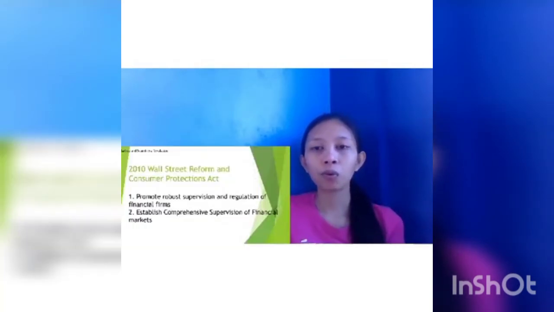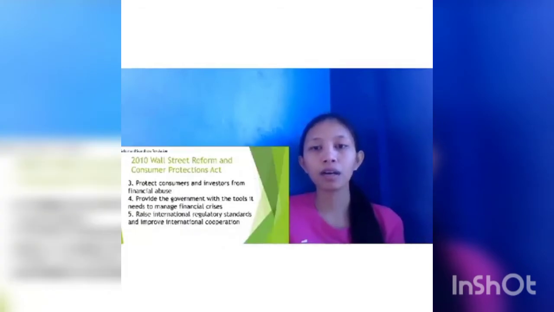The 2010 Wall Street Reform and Consumer Protection Act introduced five goals under this customer protection. First, they promote robust supervision and regulation of financial firms. Second, they establish comprehensive supervision of financial markets. Third, they protect consumers and investors from financial abuse.